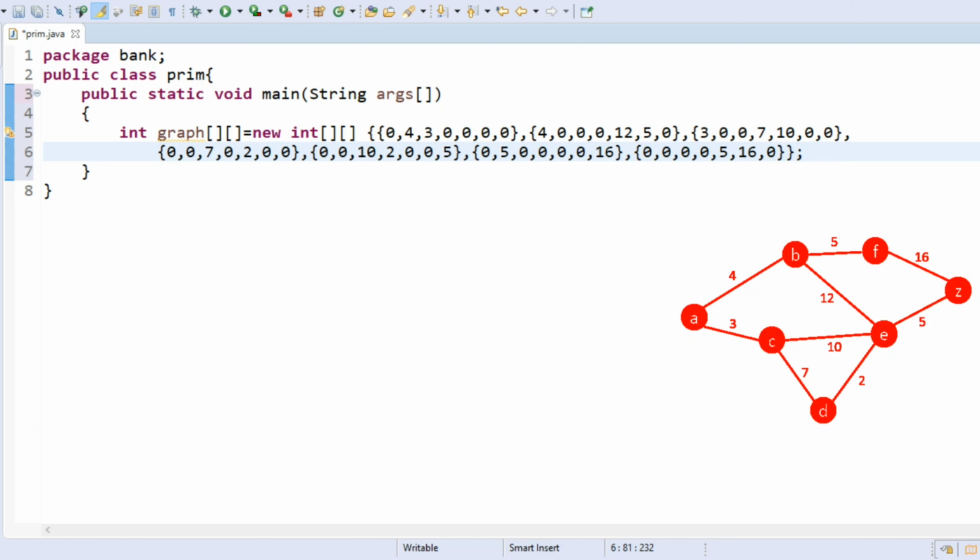Here the first set represents the A set. The first element is 0, which means there is no connection from A to A. The second one is 4, which means A to B has a connection of size 4, and after that its value is 3, which means the connection between A and C is 3.